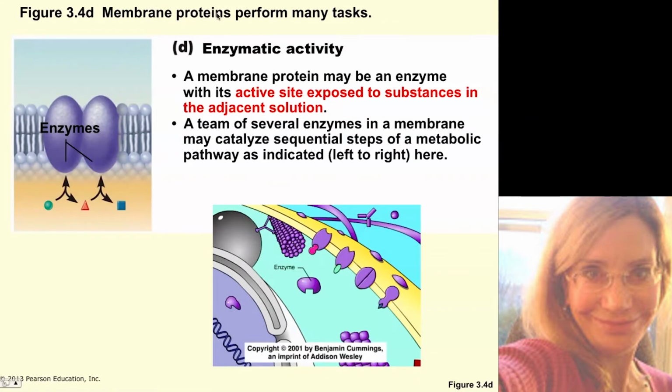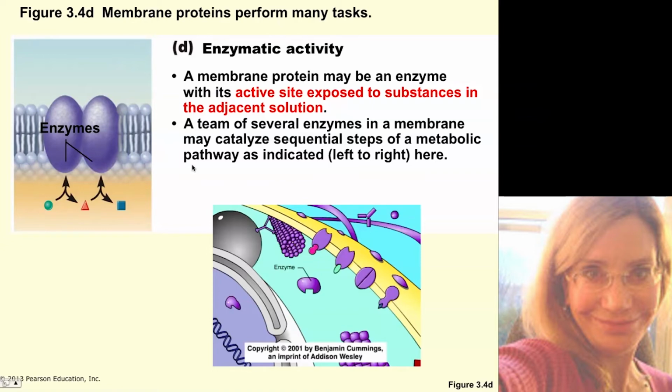Other membrane proteins will perform enzymatic activity. So a membrane protein may actually be an enzyme that will catalyze a certain reaction. So it will have an active site that's exposed to substances in the adjacent solution, right here. And there will be a team of several enzymes in a membrane that may catalyze sequential steps of a metabolic pathway.